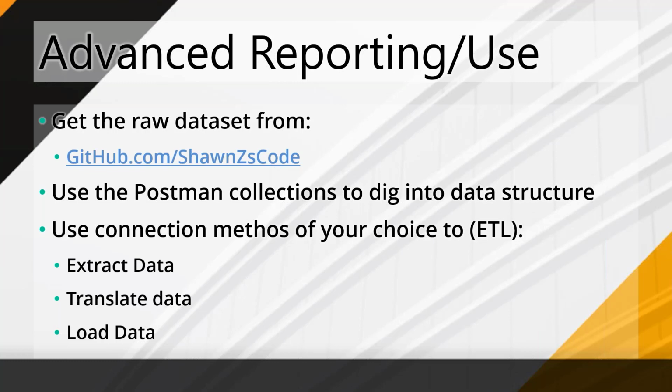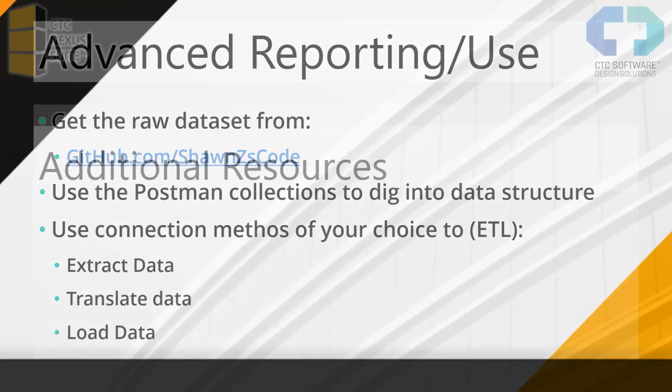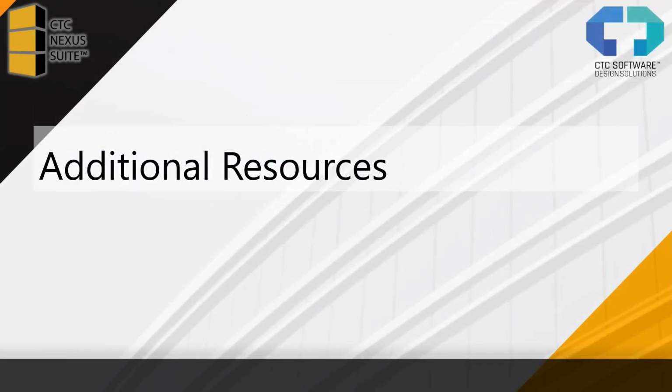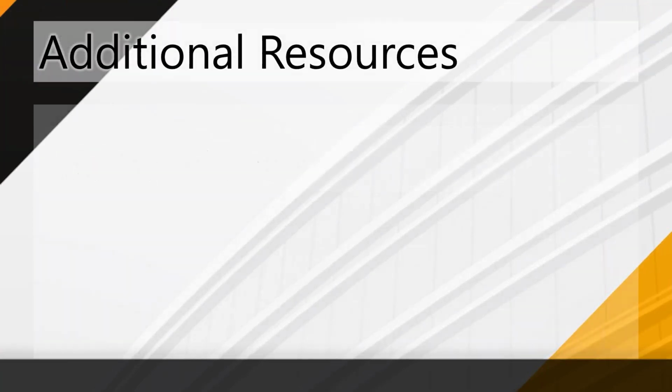So what I want to do is just recap a couple of things here real quick. I want to point you to all of the additional resources that you might need and have them in one location for you. Resource number one, you need a reporting key. For the Postman data, you need a reporting key. For using the code, if you're going to do custom stuff, you need a reporting key. And even if you're just going to be doing the Excel file, you need that reporting key.